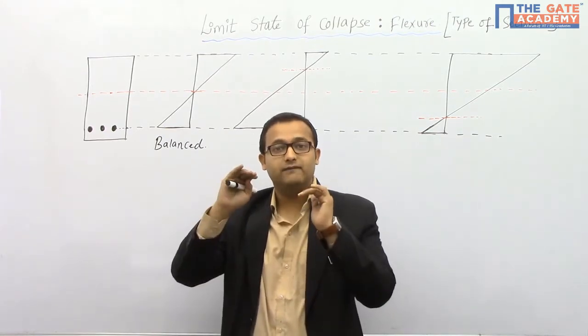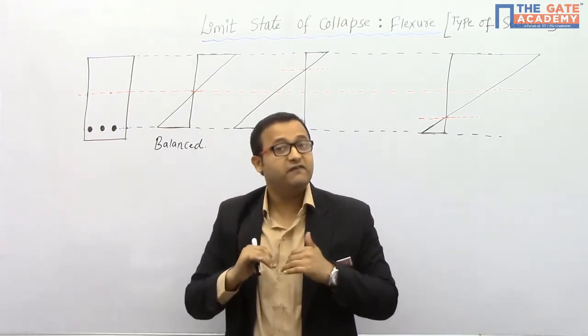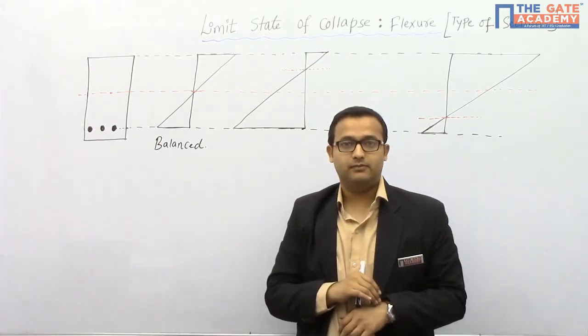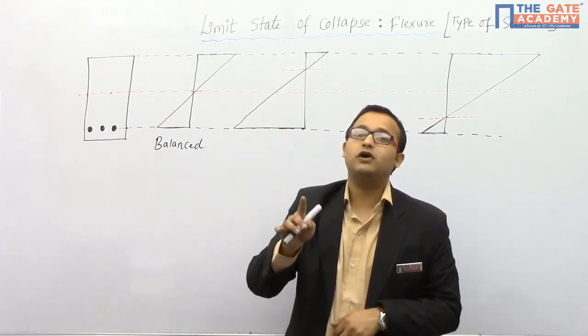Why? Because we have crossed their permissible limits. If we are crossing their permissible limits together, simultaneously, the section is called a balanced section.